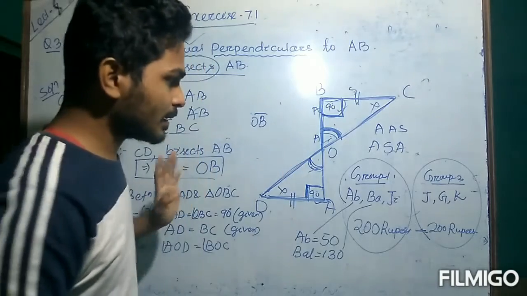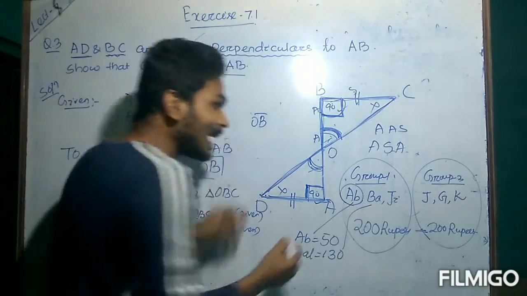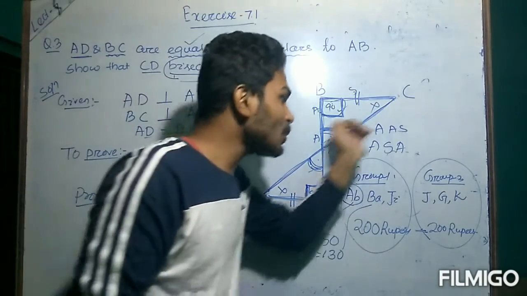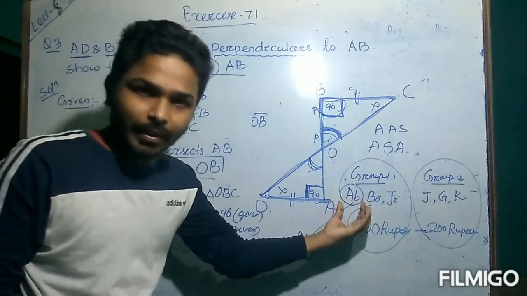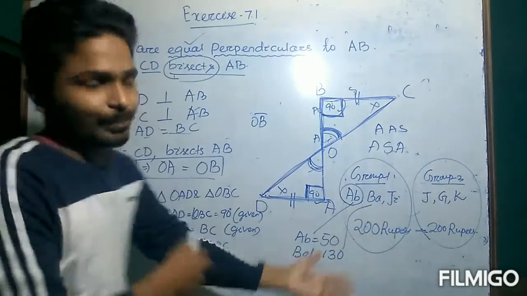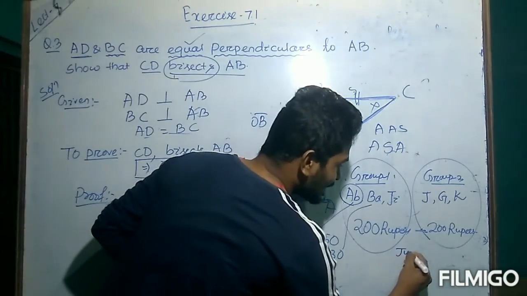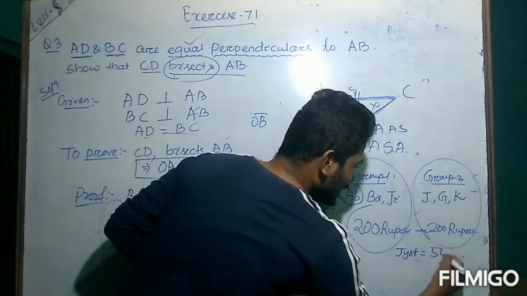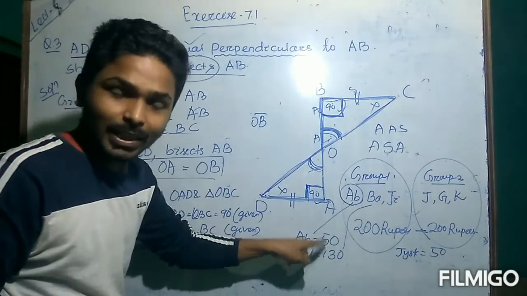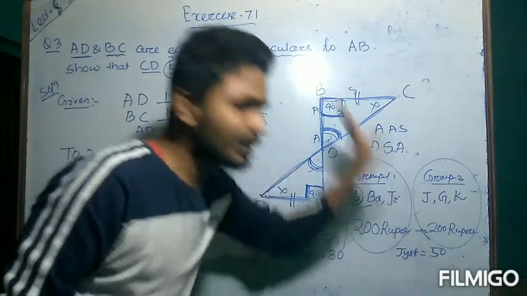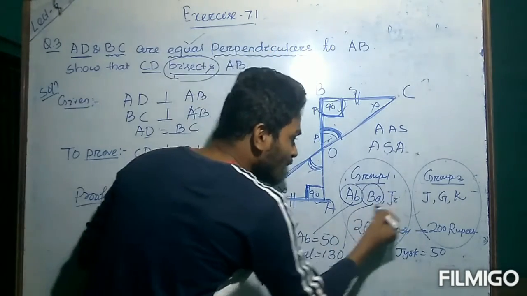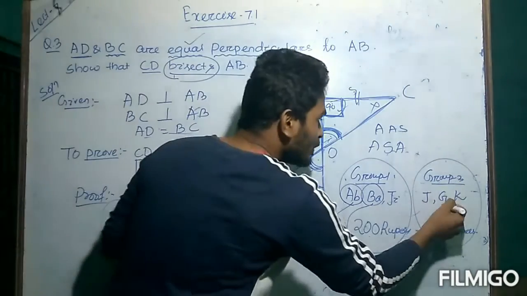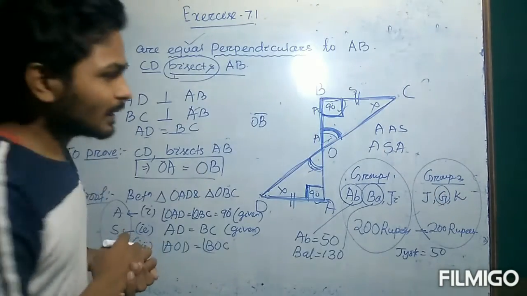Now the condition is the amount that Abhay has is equal to the amount that Jyoti has. So can we write that Jyoti also has 50 rupees, because the amount of money with Abhay is equal to the amount with Jyoti? Clear? And it is also given that the amount with Balram is equal to the amount with Gautami.